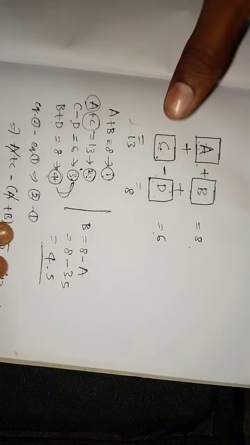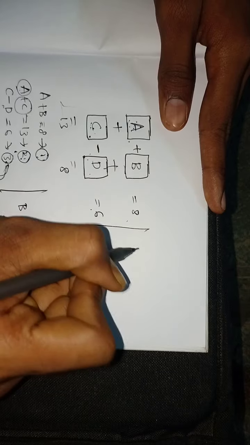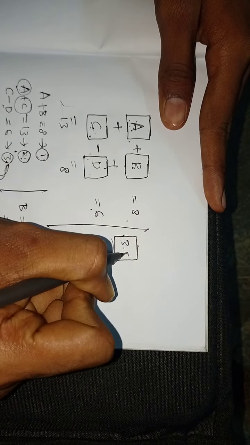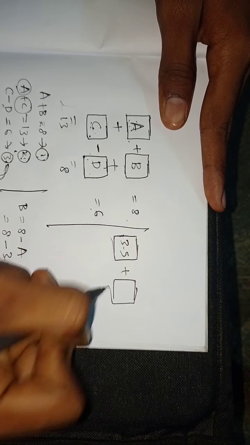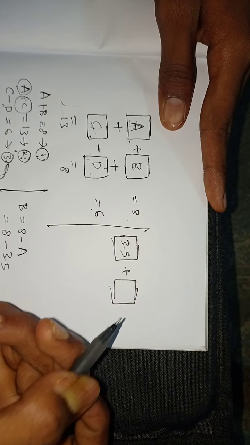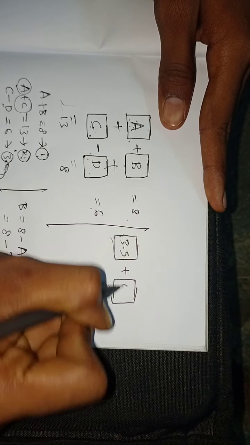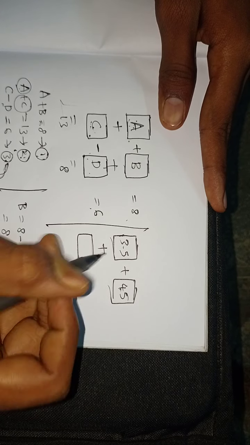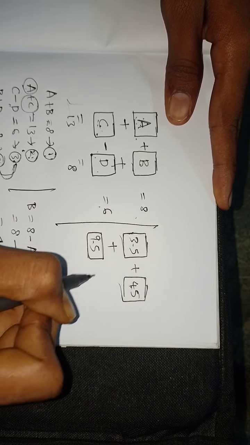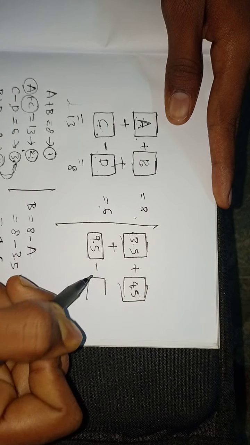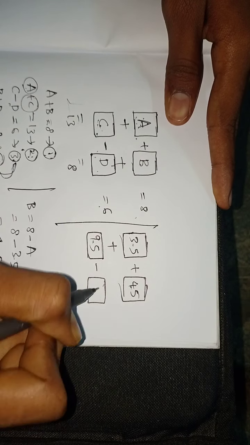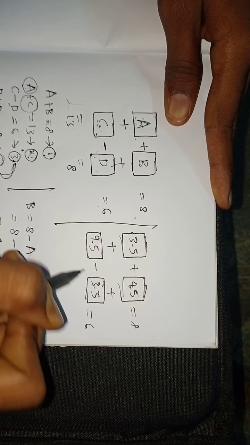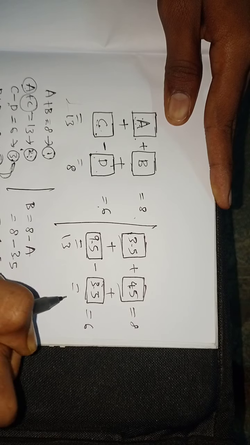So guys, substitute here: a equal to 3.5, b equal to 4.5, c equal to 9.5, d equal to 3.5, and the sums are 8, 6, 13, 8.